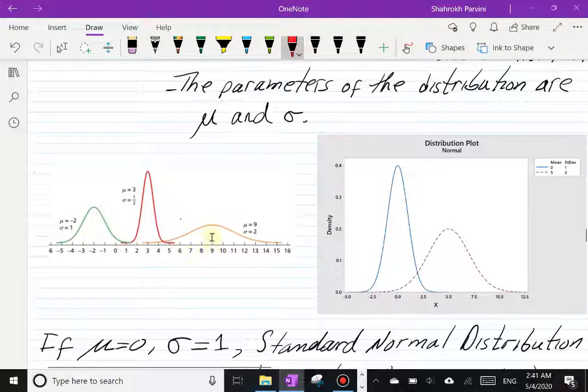The center of this one is at 9. The deviation, sigma, of this distribution is 1. Deviation of this one, 1/2. Deviation of this one, 2. This is the largest deviation among the 3. This is the smallest. The larger the deviation, the more flat, pancake-like this distribution is. The smaller the deviation, the higher the peak, the more narrow the distribution gets.